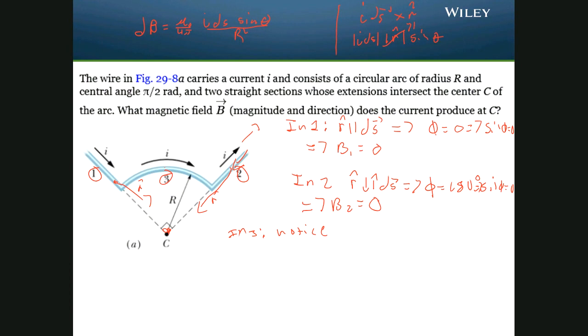If we pick any point, it's tangent to the curve, and we're always pointing towards the center. So we're going to have a 90-degree angle. I'll go back to theta. Theta is always 90 degrees. So that implies that sine theta is always 1 in 3.